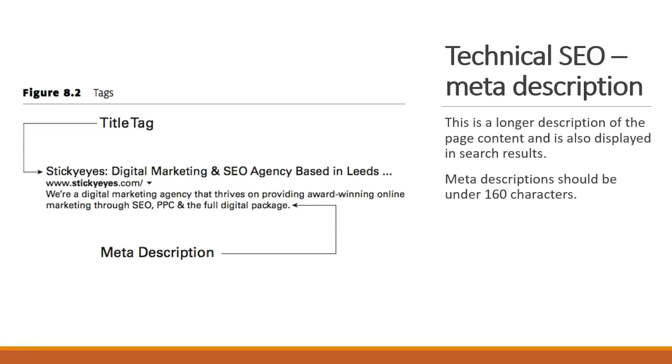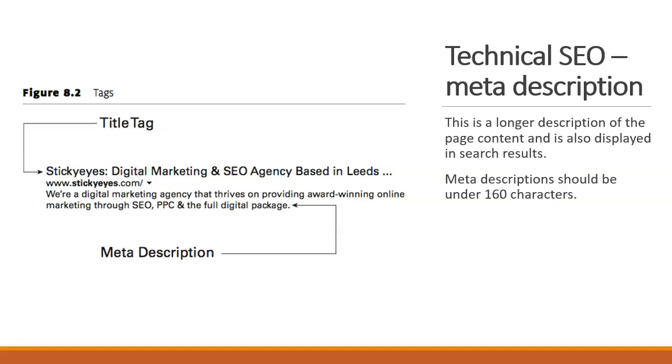We can see on this next slide an example of the title tag. So our company name, and then what do we do? We do digital marketing strategy. We help people improve their SEO and manage their marketing. Okay? So we have the title tag and our meta description.